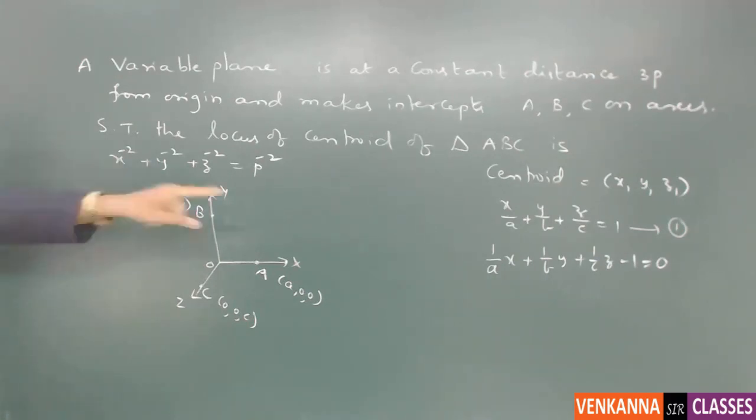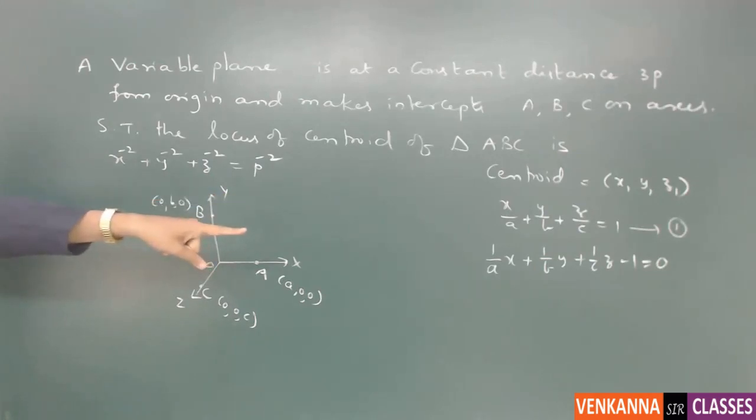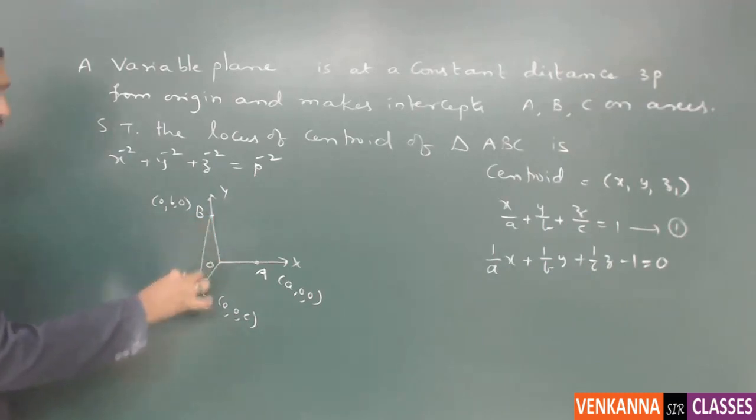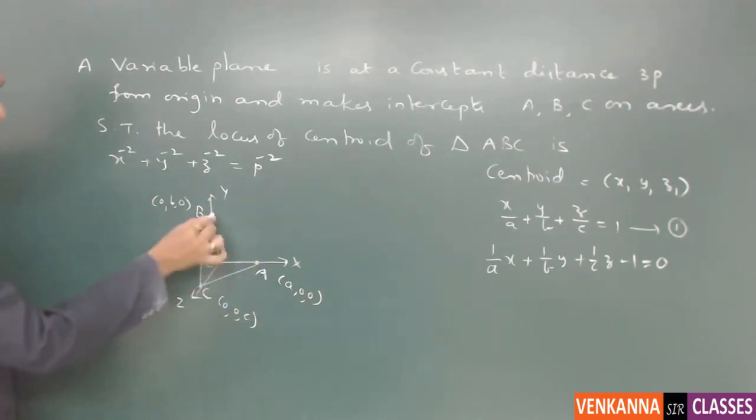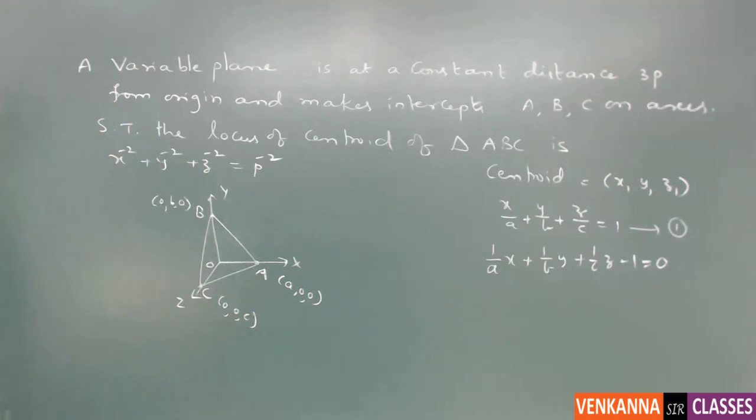So did you agree with that equation 1? Any doubts? Fine. Now, as usual, let us calculate the centroid of this triangle. It is a by 3, b by 3 and c by 3.